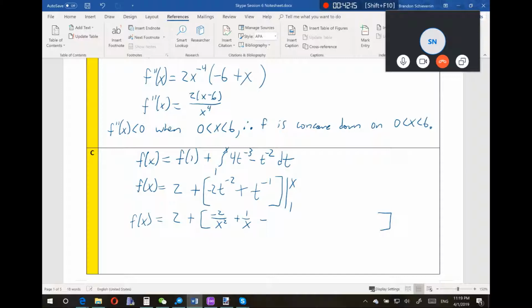Okay, and then we'll subtract our lower bound. Minus 1. Okay. So I've got f of x is equal to, I've got 2 minus minus 1, or 3, minus 2x to the negative 2 power, plus x to the negative 1 power.